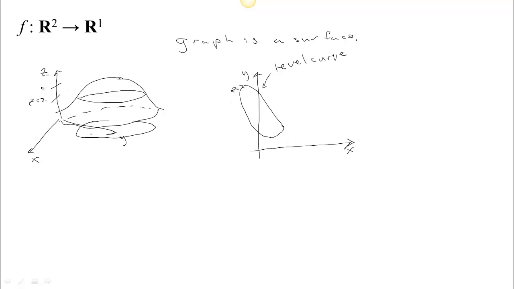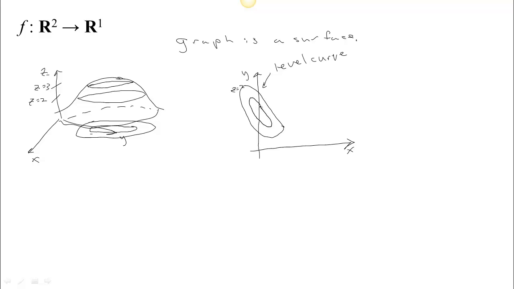If I go up to z equals 3, then I get another, different level set, right? Cutting the surface with z equals 3, these are all the values that have that same value of z. If we just look at that curve in the xy plane, we see this curve, right?